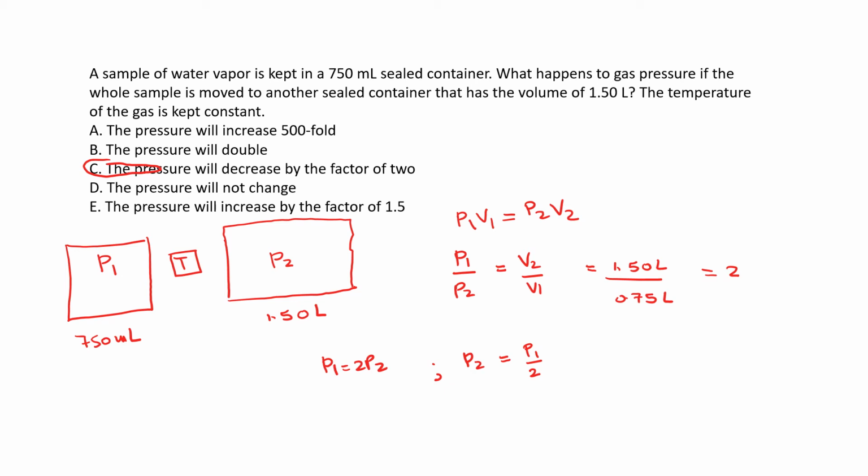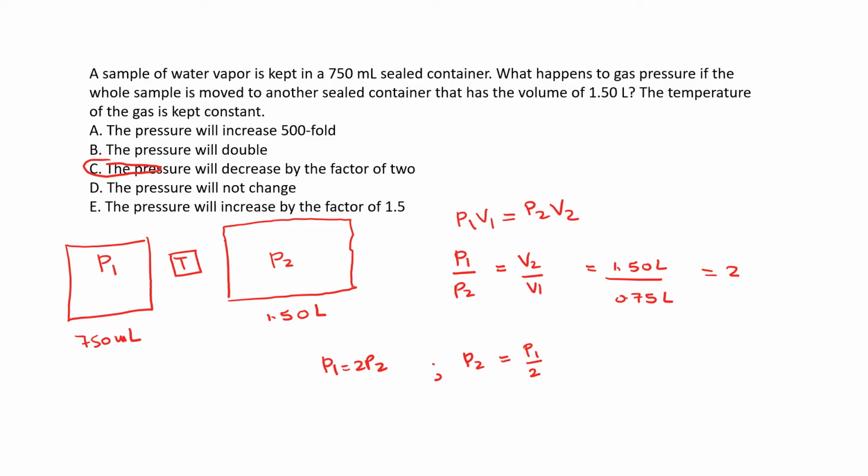So when you do P1V1 equals P2V2, you are going to rearrange this equation, and you are going to take P2 here and V1 goes down, and the ratio is 2 because your V2 is 1.50, V1 is 0.75 liters, and your ratio is 2. That means your P2 equals P1 over 2.